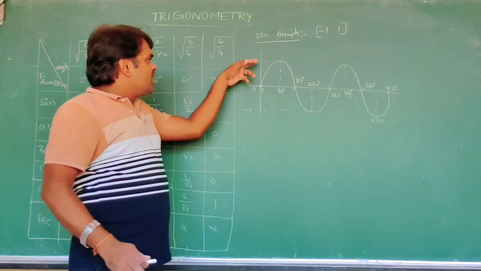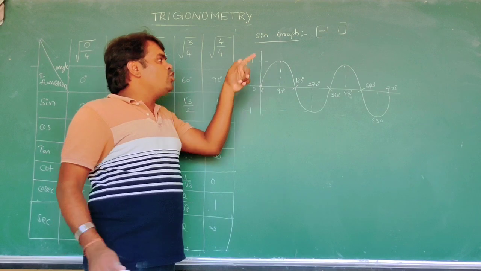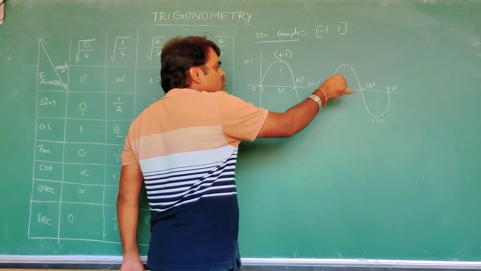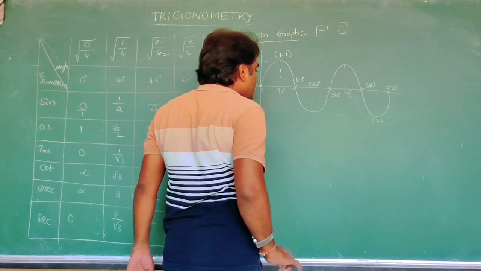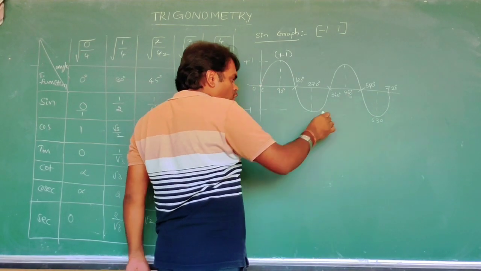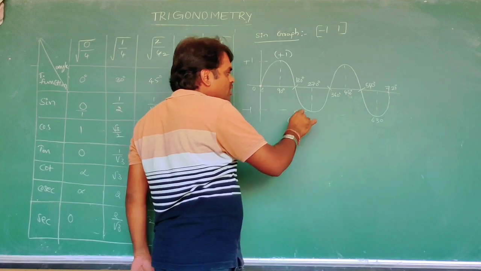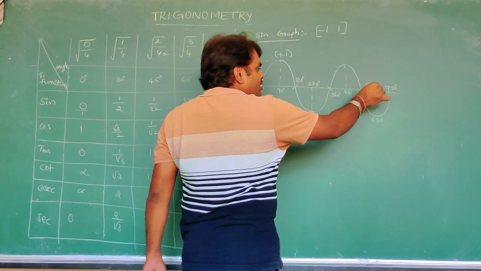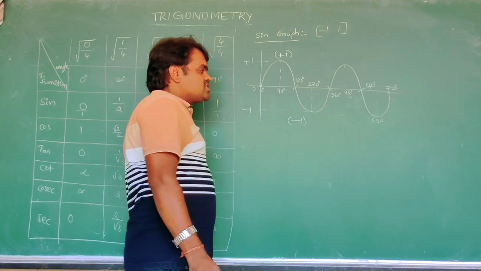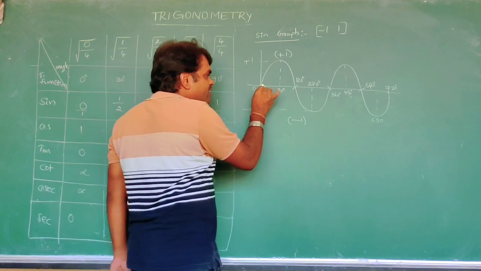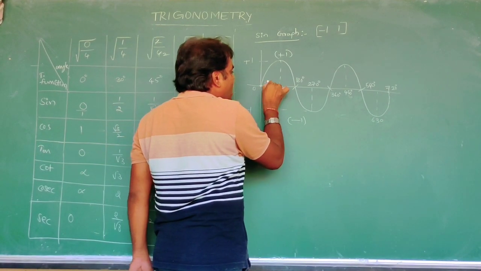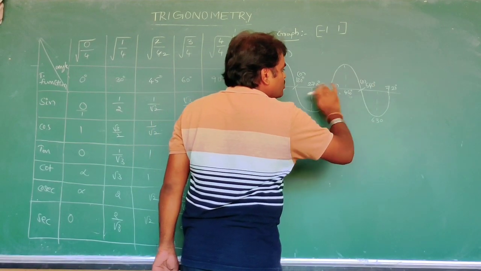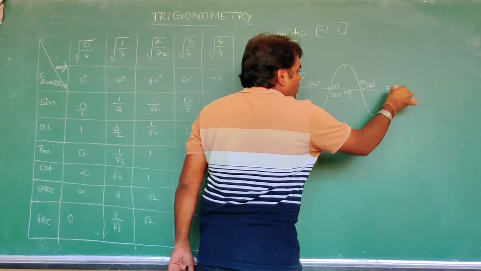In the positive half cycle the values are positive 1 at 90 and 450, and down below the values will be negative. That means at 270 it is minus 1, and sine 630 is minus 1. But on the line the values are 0, 0, 0, 0. These are the 0 values.